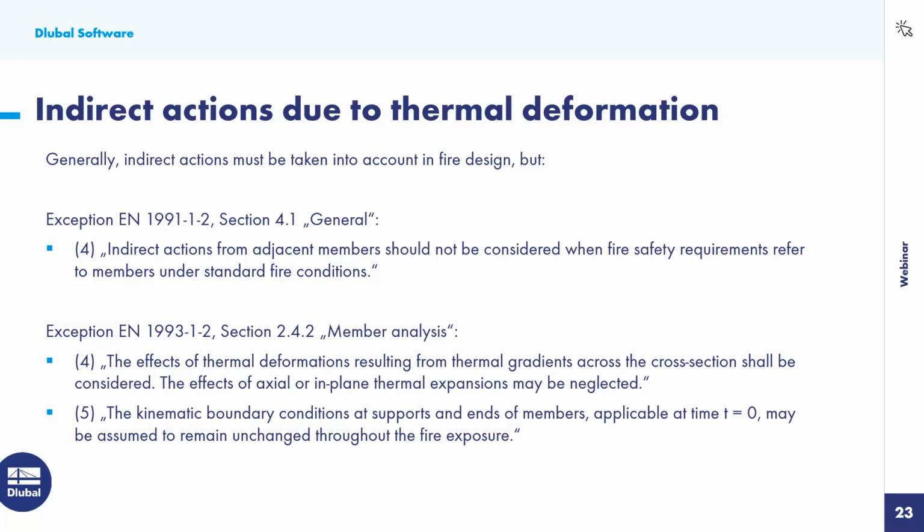And it actually says that the kinematic boundary conditions at supports and ends of members applicable at room temperature may be assumed to remain unchanged throughout the fire exposure. So if you want to change something to be on the conservative side, you know how to do that. I have shown you now, and it's a bit of engineering judgment if you want to modify those in the event of a fire.